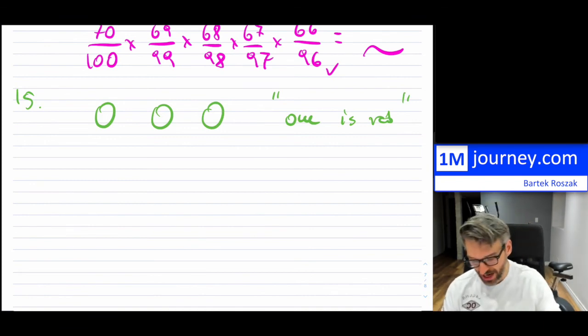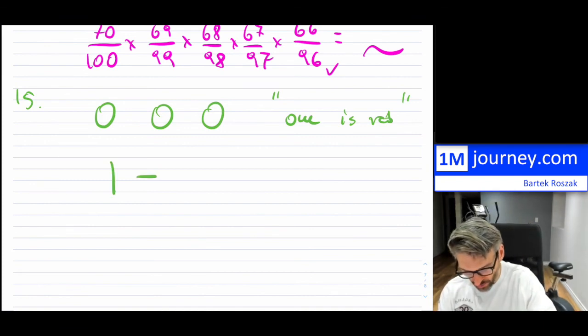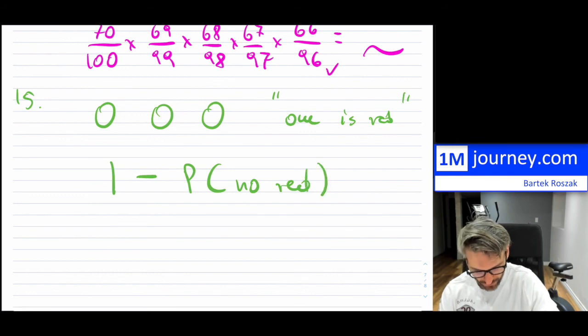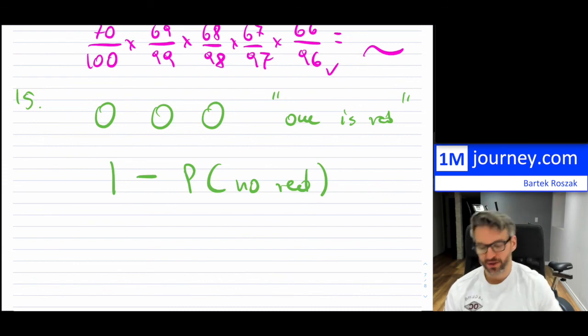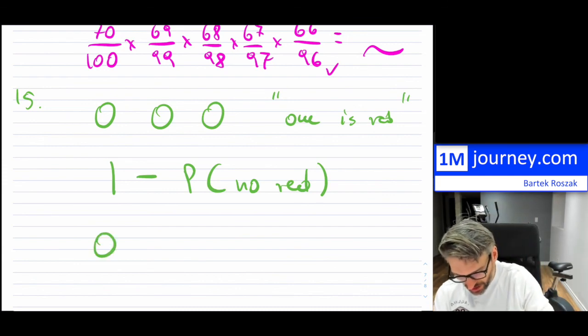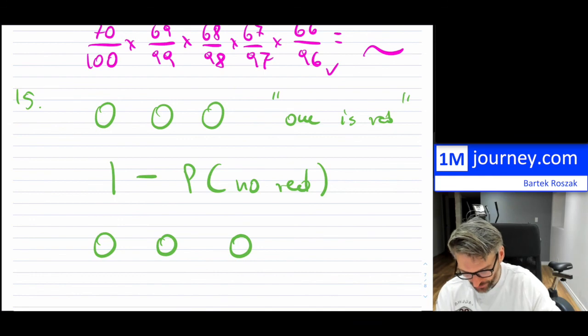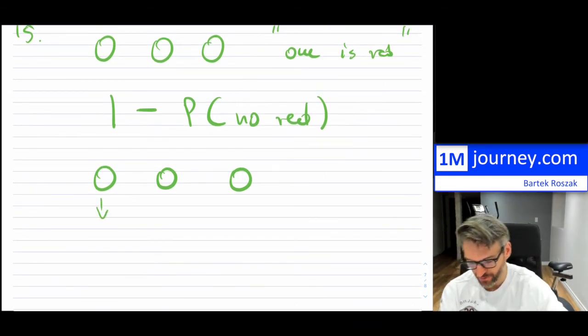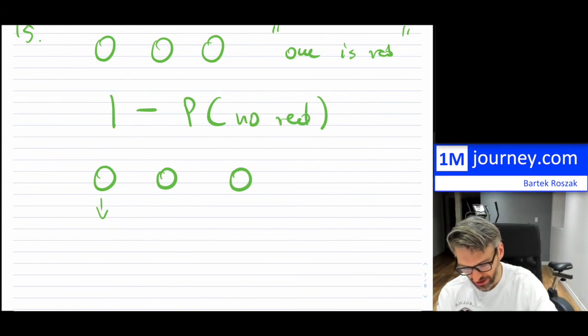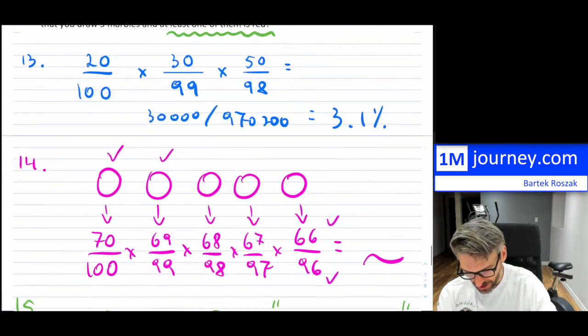Well, this actually will be complements. So 1 minus the probability of no red at all. So using the complement, 1 minus the probability of nothing being red, right? Just as we did in the previous example, on the first draw, marbles that are not red. Let me go back here.